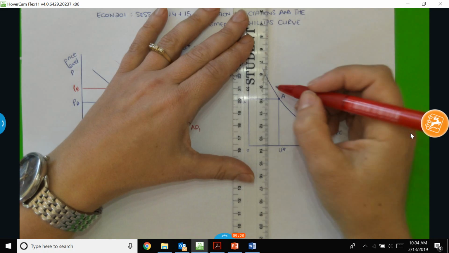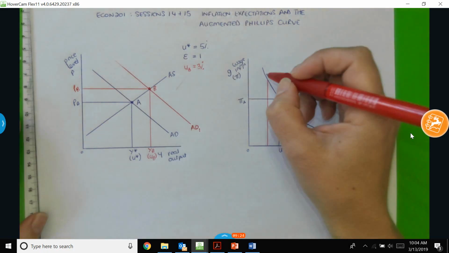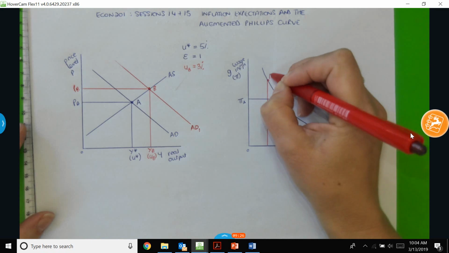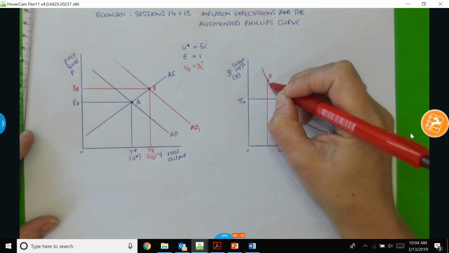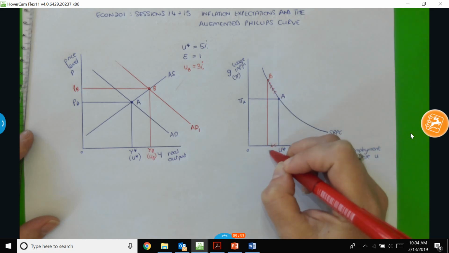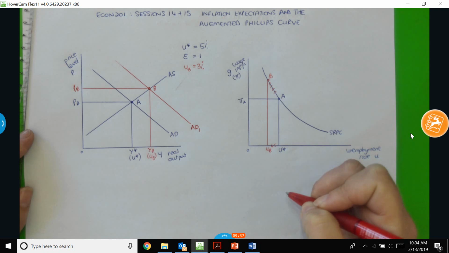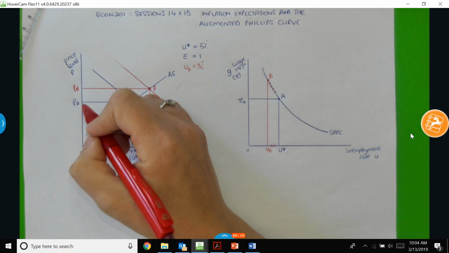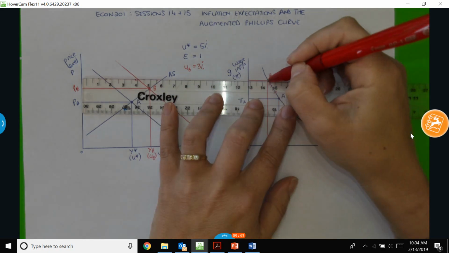So, like before, we can show on the Phillips curve that an increase in the demand for goods and services will result in a movement up the Phillips curve from point A to point B, because the unemployment rate falls below the natural rate of unemployment, and that rise in prices is associated with an increase in inflation.